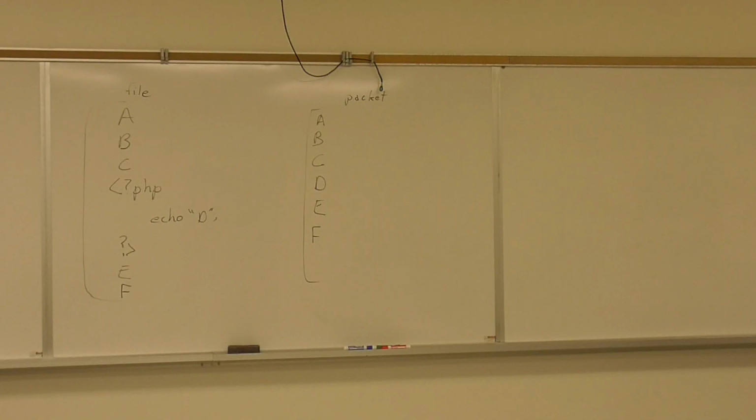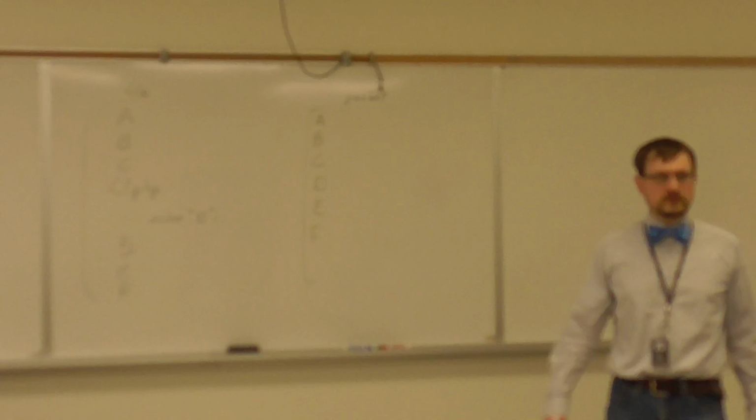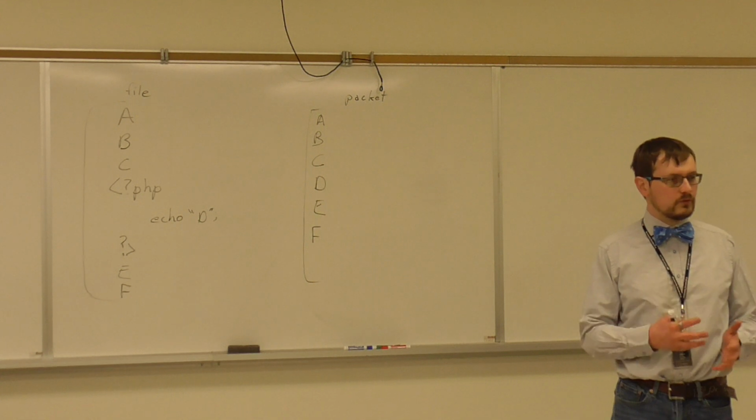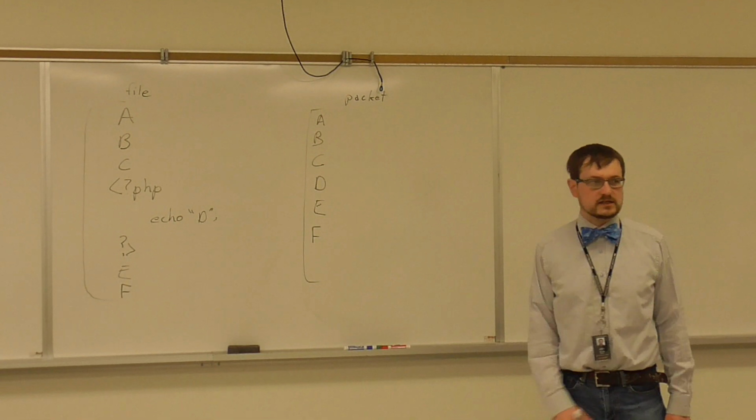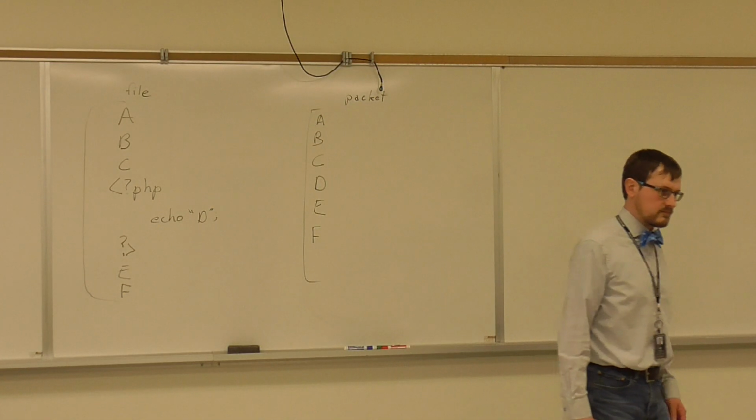So, PHP is a general programming language. It can do all of the stuff that C# or JavaScript can do. However, it's really made for being spliced into HTML files like this.